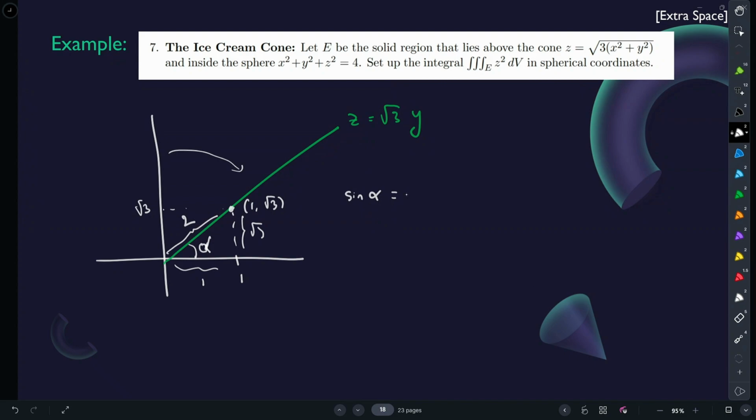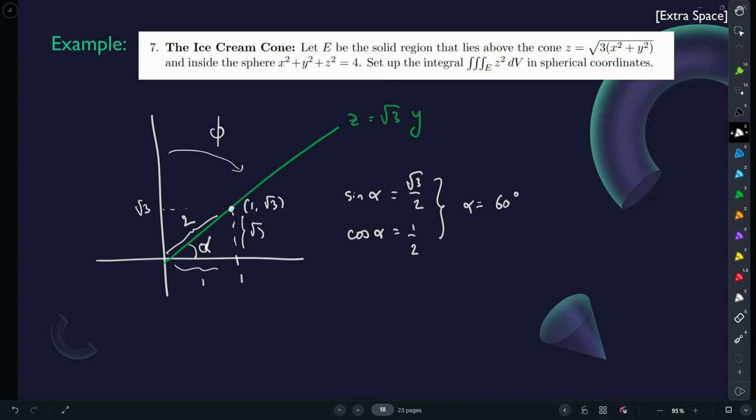So the sine of alpha is the square root of 3 over 2, and the cosine of alpha is 1 over 2. So what is alpha? Pi over 6, so 30 degrees, would have sine equals a half. So alpha itself is 60 degrees.